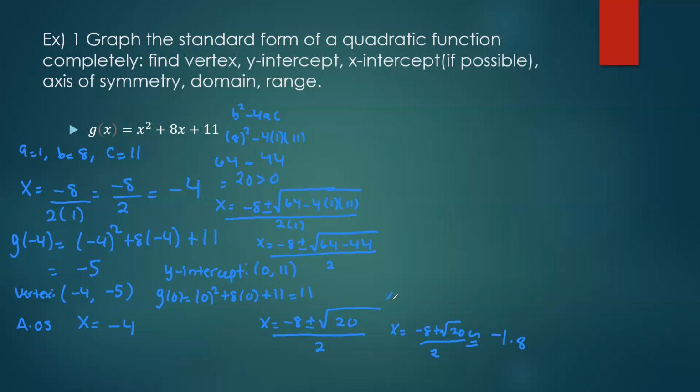And then your other x-intercept is -8 minus radical 20 all over 2. That's -6.2. So your two x-intercepts are -6.2, 0, and the other one is -1.8, 0.